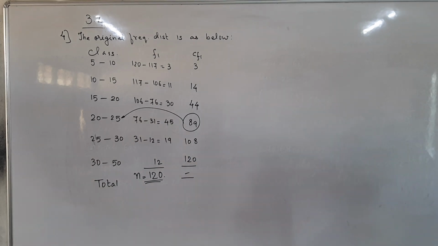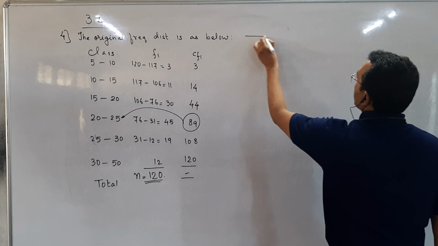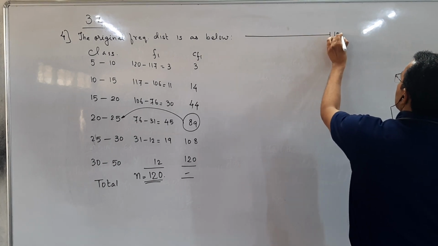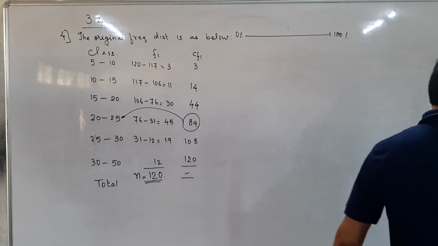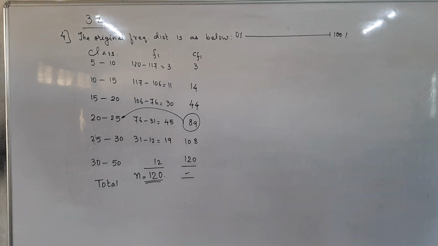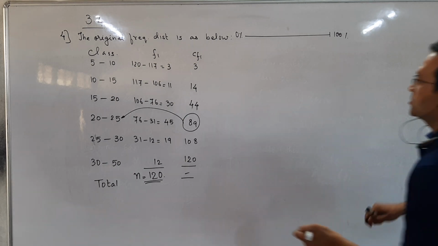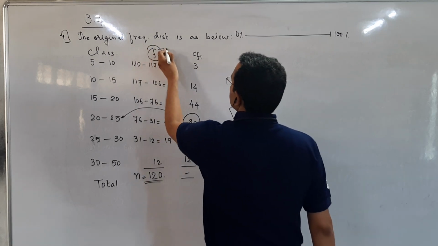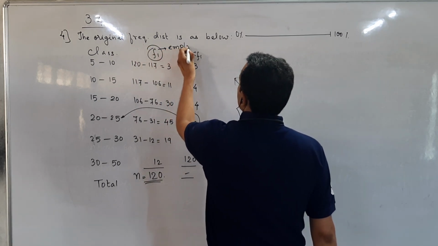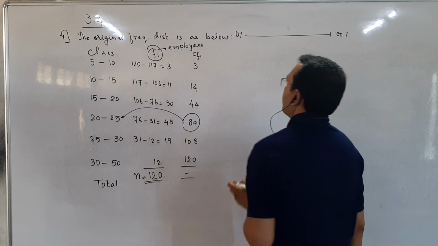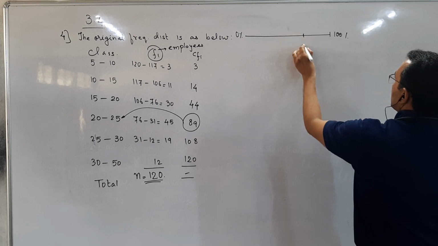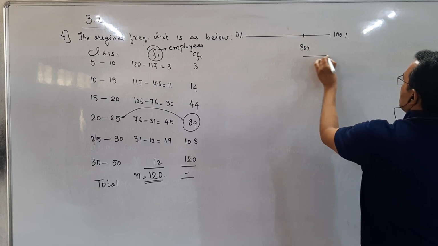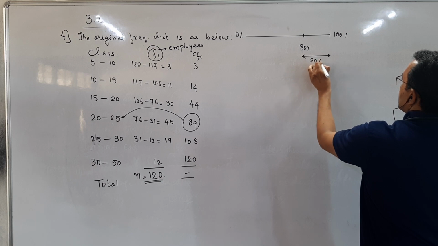Now students see, this is the number line. Say this is 100% employees, this is 0%. Fi is employees, remember. Now, let us say this is the 80% of the observation. So this cadre will be the richest 20%.